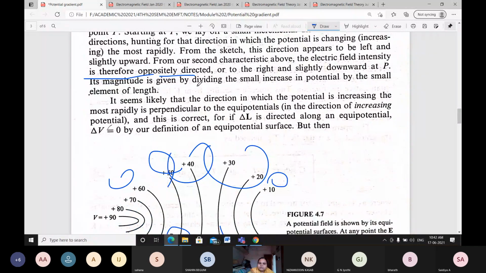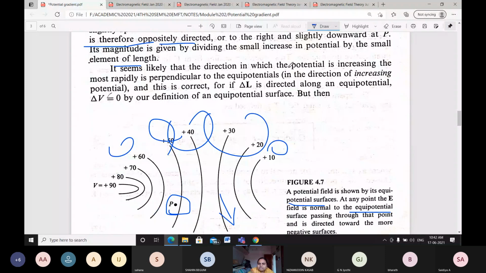Its magnitude is given by dividing the small increase in potential by a small element of length. It means we take a small potential with respect to the length of that. Then the direction in which the potential is increasing most rapidly is perpendicular to the equipotentials, the same as taken previously.